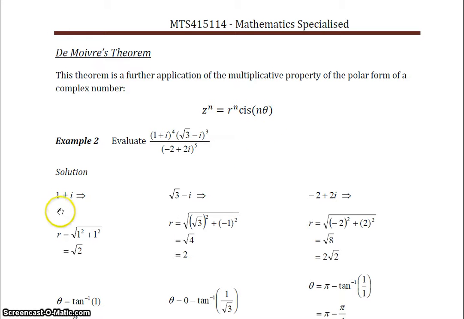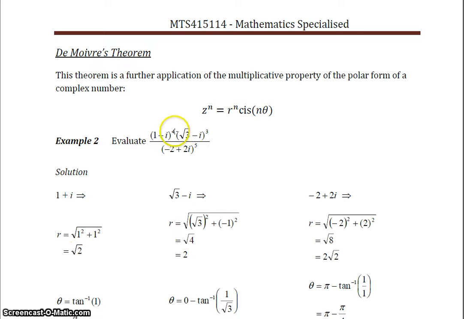If we look at our first one, 1 plus i, our modulus is found by going 1 squared plus 1 squared, and then taking the square root of that, so it's the square root of 2.